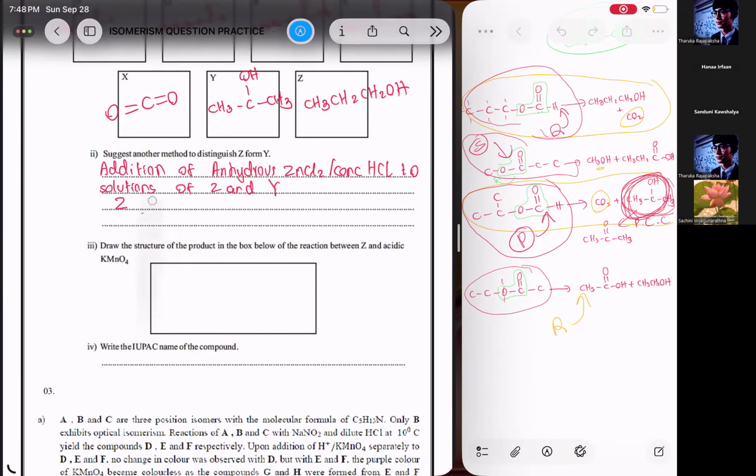Don't write that it gives turbidity after 2 or 3 days. Z does not give white turbidity, and Y will give white turbidity after minutes.